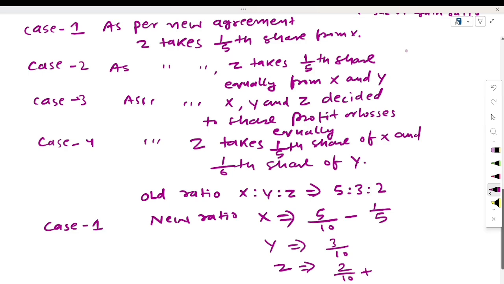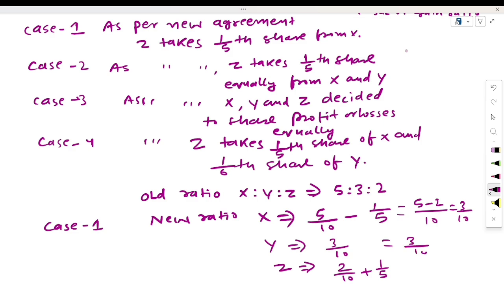Z is taking from X, so from X we will subtract 1 by 5th and this 1 by 5th will be added to Z. Now solve this. Your LCM would be 10. 5 minus 2, it means 3 upon 10 here.